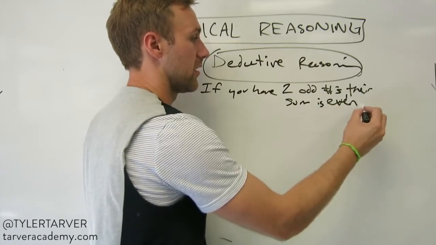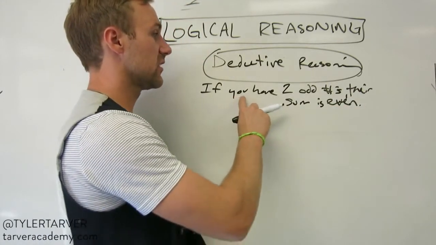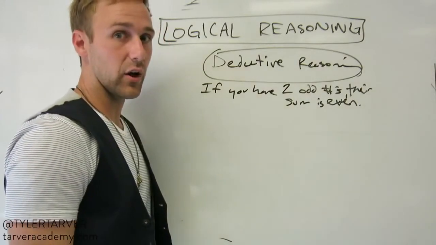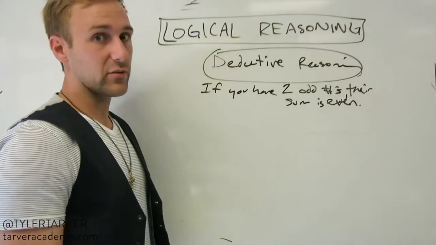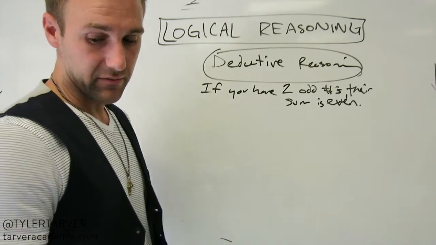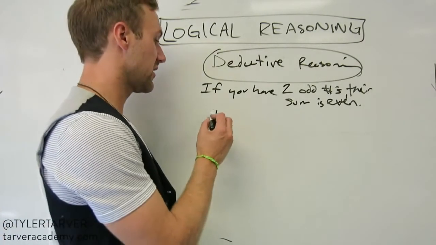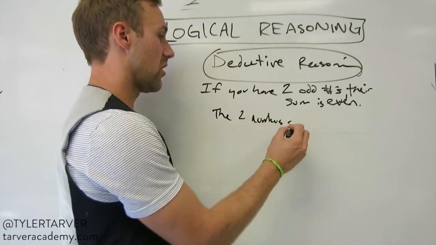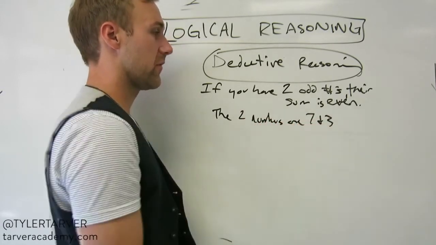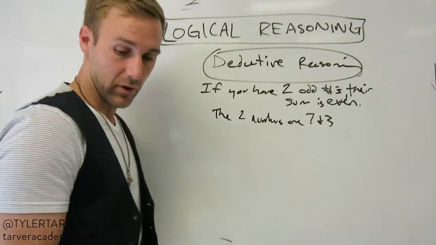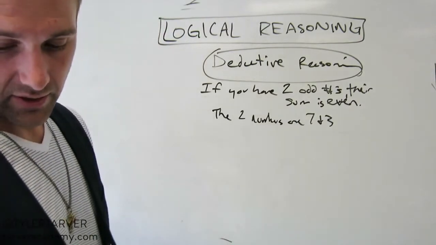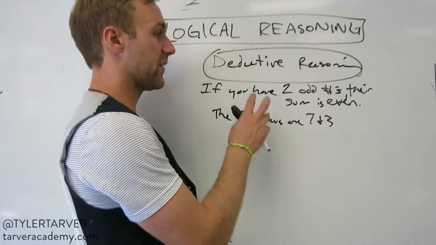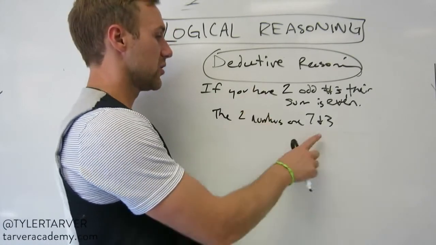My hypothesis is you have two odd numbers, and the conclusion is the sum is even. So in deductive reasoning, essentially I would take an answer saying the two numbers are 7 and 3.